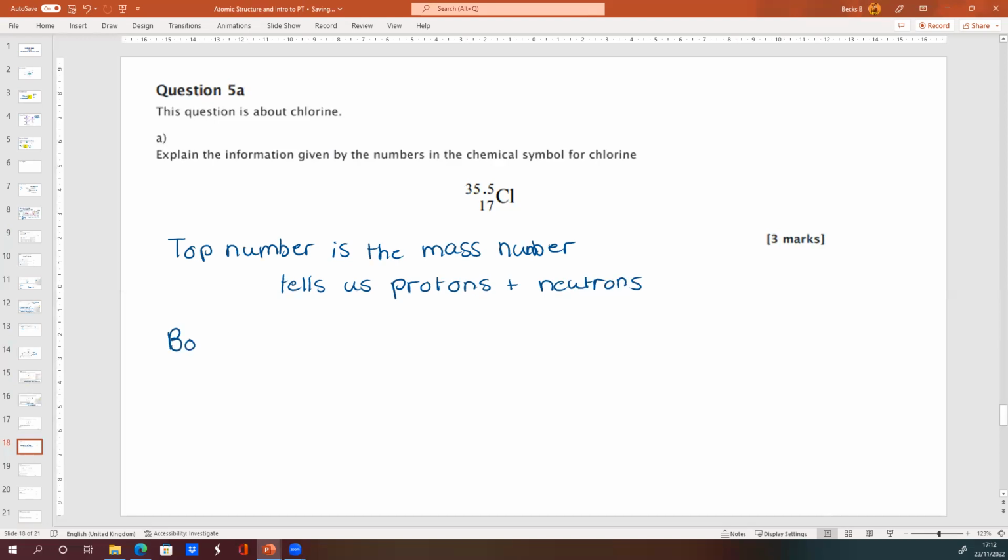And we need to say that the bottom number, or if you said the smaller number, that is okay. So if you said the bigger number for the mass number, that's fine. Bottom number is the atomic number. And this tells us the number of protons.